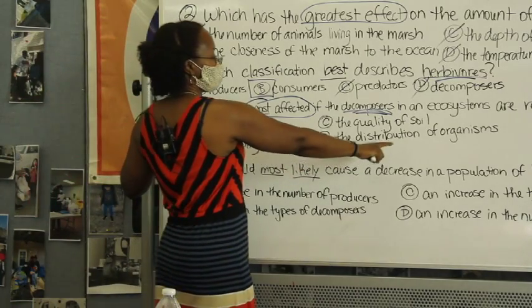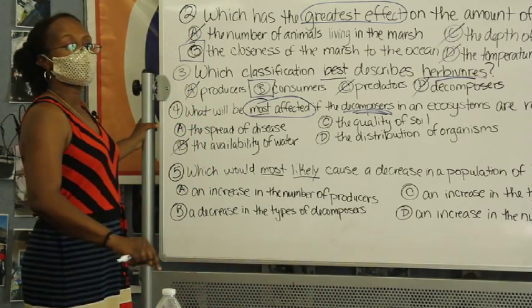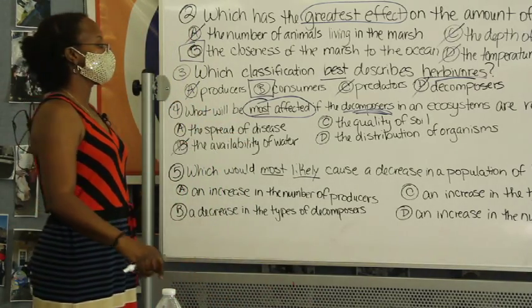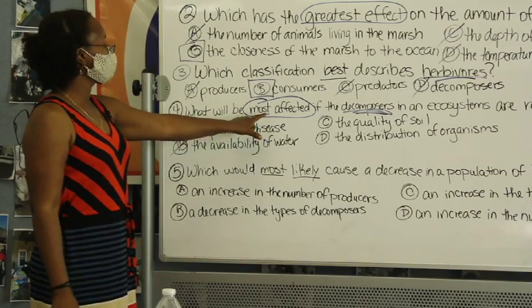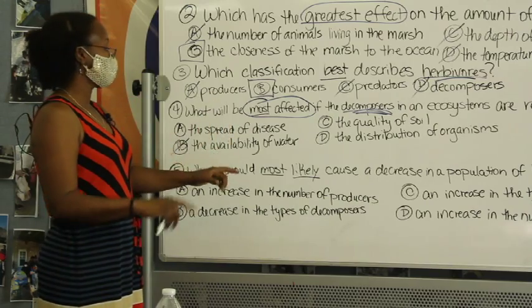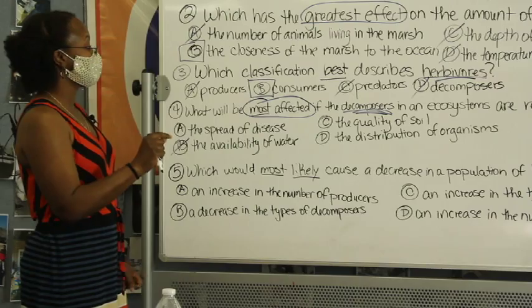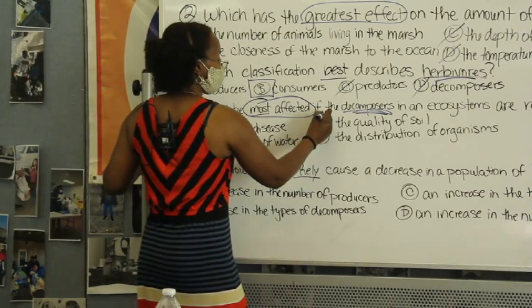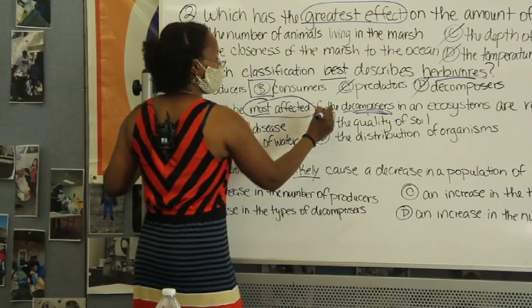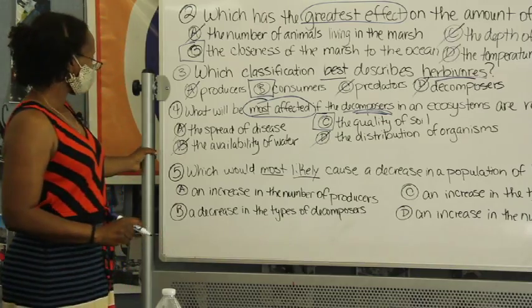The distribution of organisms. How organisms are spread out or distributed, not as affected. The most affected will be the soil because that's where decomposers actually are, okay? So I would go with the quality of the soil and mark the others out.